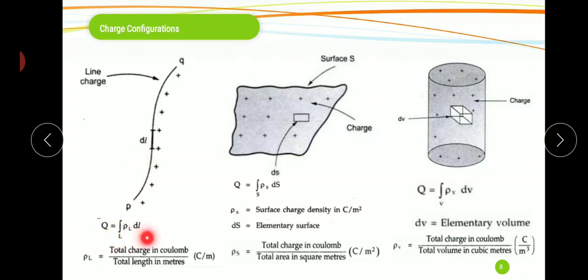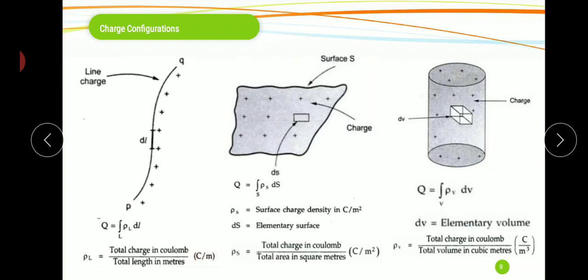So the expression for charge in this line charge is q is equal to integral over L of rho L dl. Here dl is the smallest length element, that is a differential length, and rho L is the linear charge density. The formula for linear charge density is total charge by total length, and the unit for linear charge density is coulomb per meter.